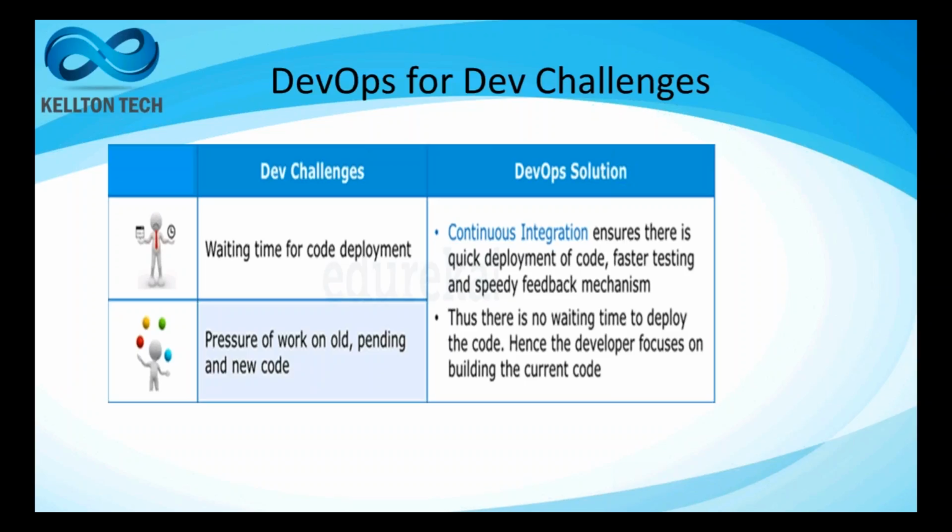The DevOps solution to this challenge is continuous integration. With continuous integration, there is quick deployment of the code, faster testing, and a speedy feedback mechanism. There is no waiting time to deploy the code, and the developer focuses on the current code.